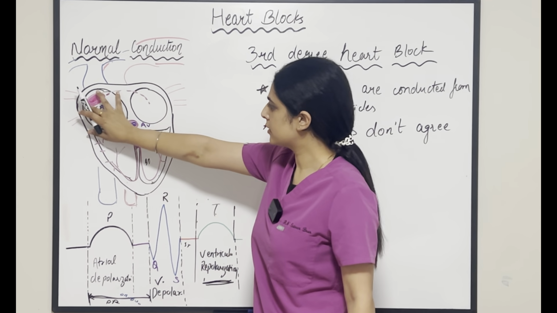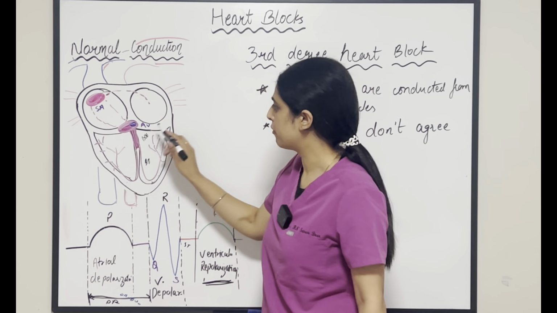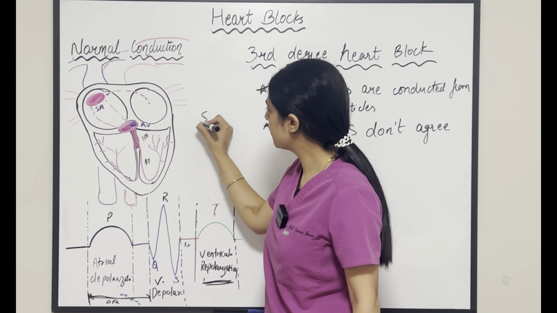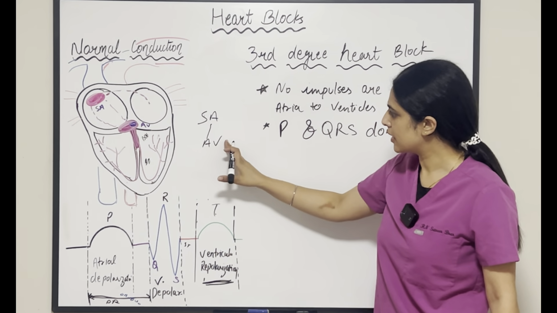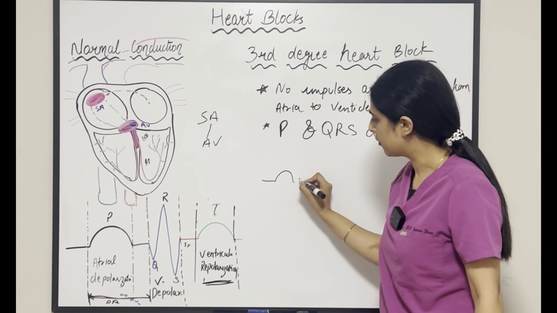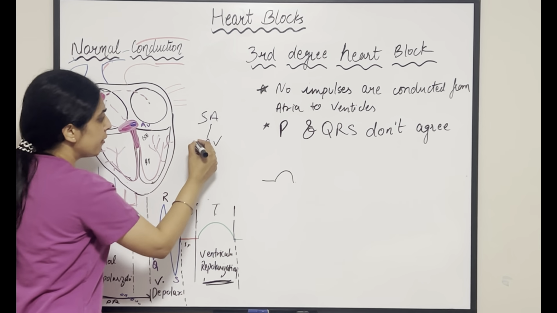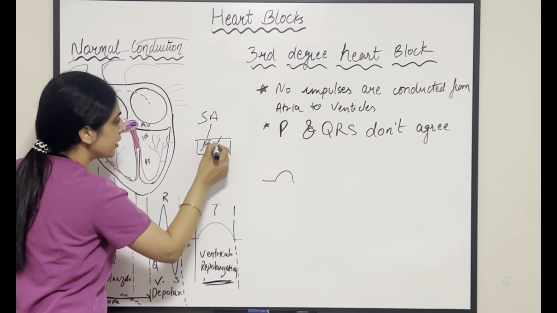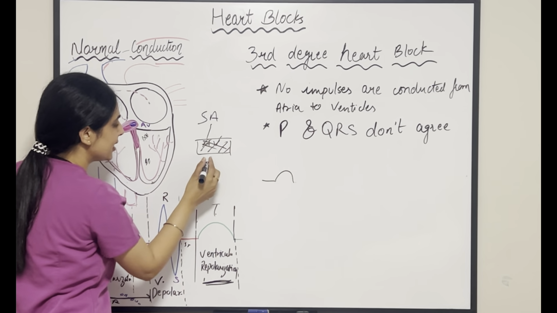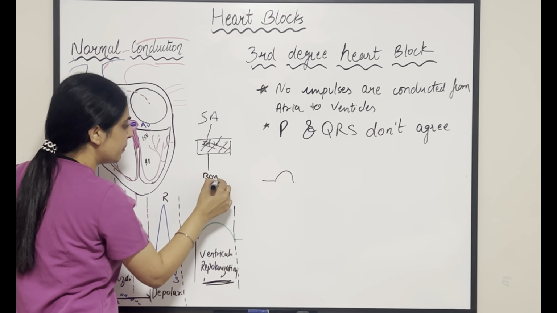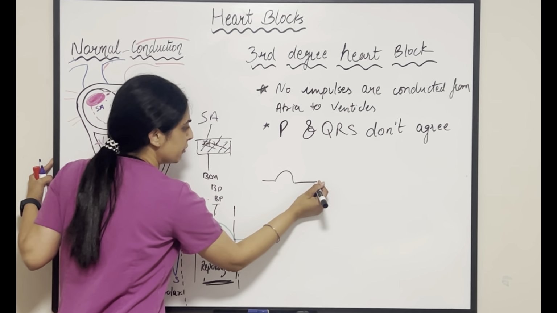Whenever the SA node generates an impulse and sends it to the AV node, our P wave is formed. So the P wave is going to be normal because the impulse is normal. But because there is a block at the AV node, it doesn't conduct that impulse to the bundle of His, bundle branches and Purkinje fibers. So there is no QRS complex after the P wave.